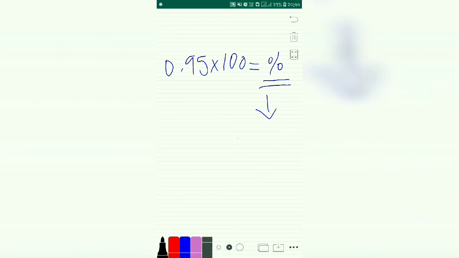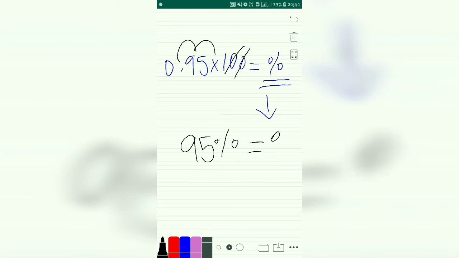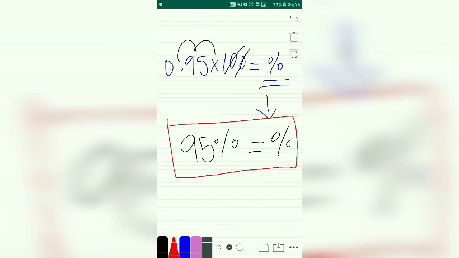Now let's do further calculations. That will be cut one 0, shift the point, cut one more 0 and shift the point, which will give us 95% is equal to percentage. Write the final answer also.